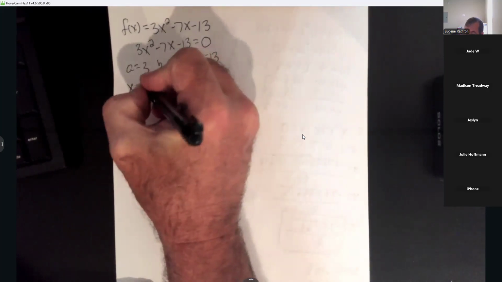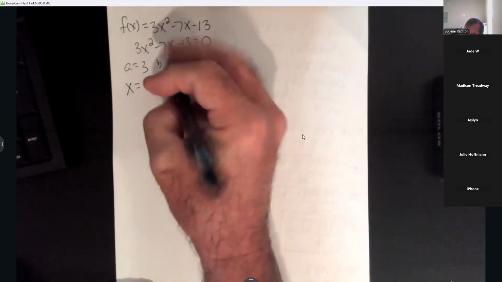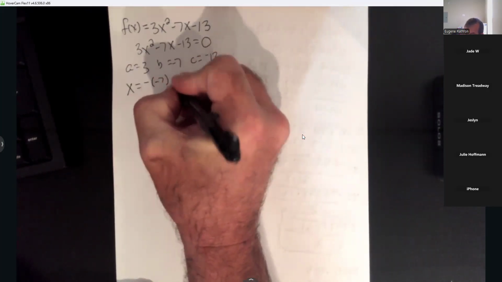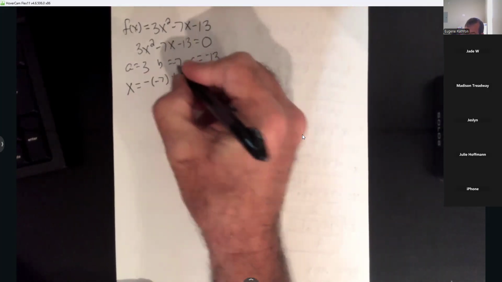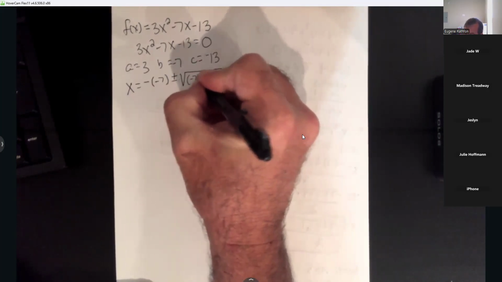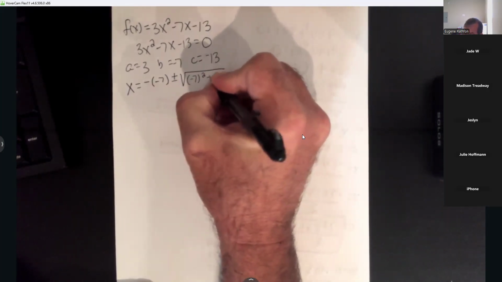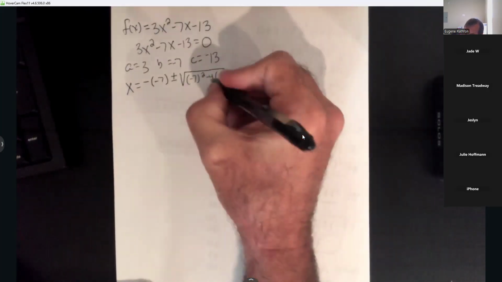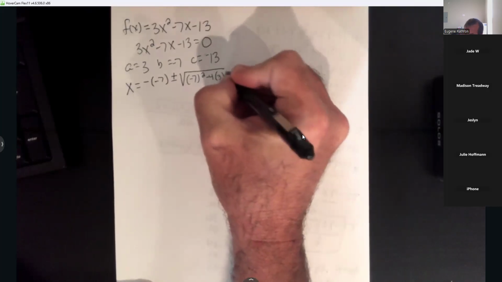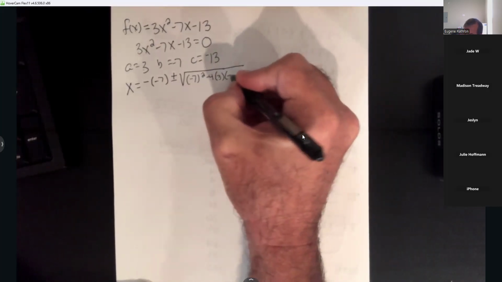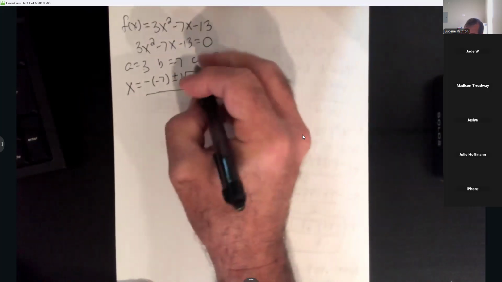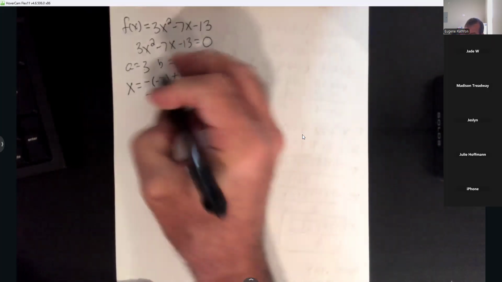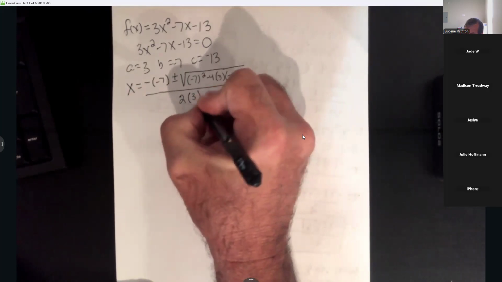X equals negative times B, which is a -7, plus or minus B squared, which will be our -7 squared, minus 4 times A, which is 3, times C, which is -13, all over 2 times my A, which is 3.